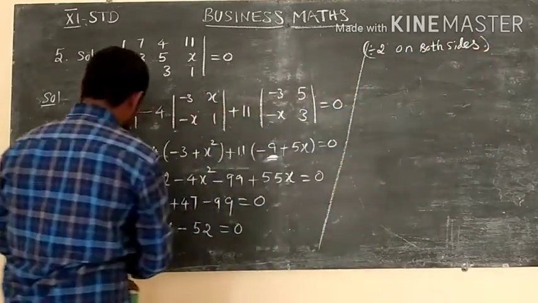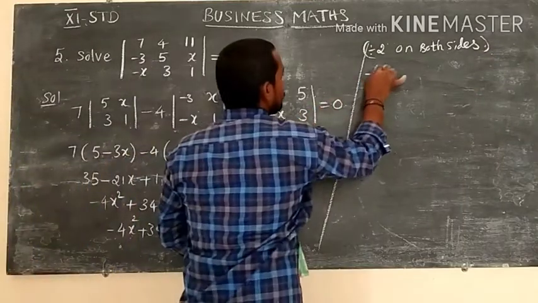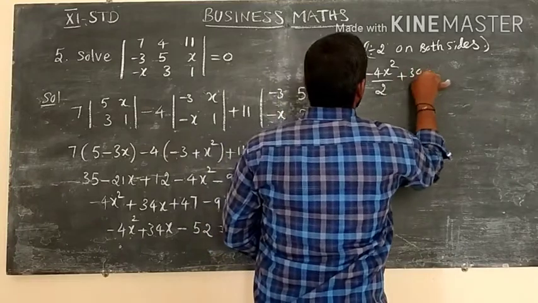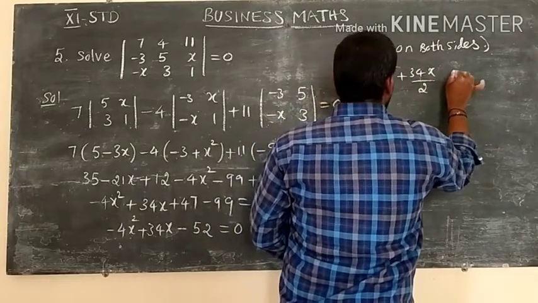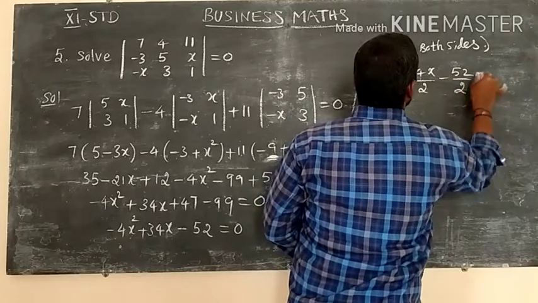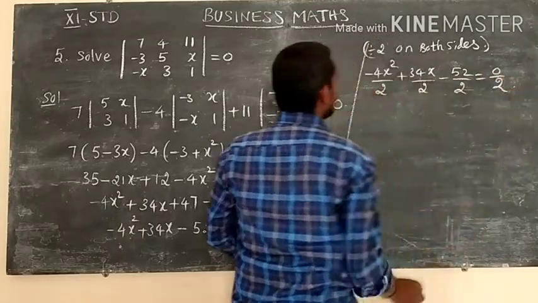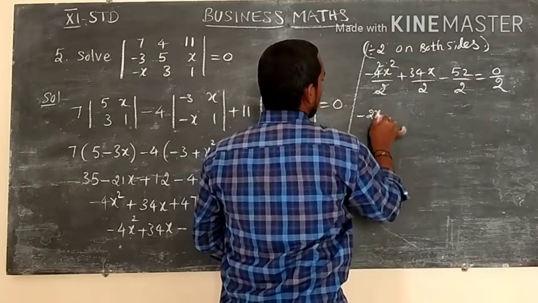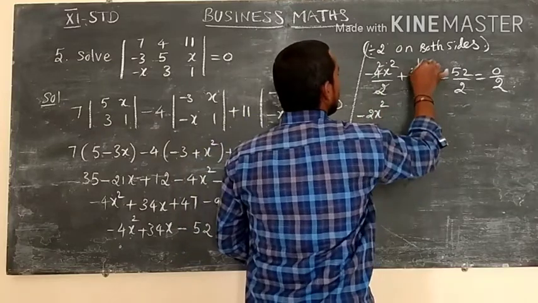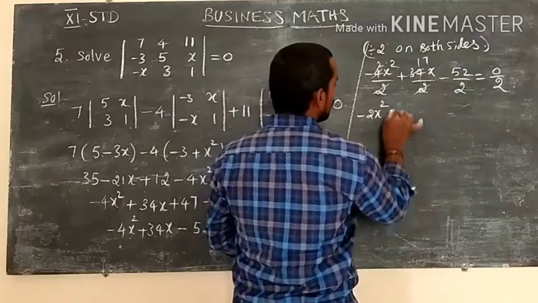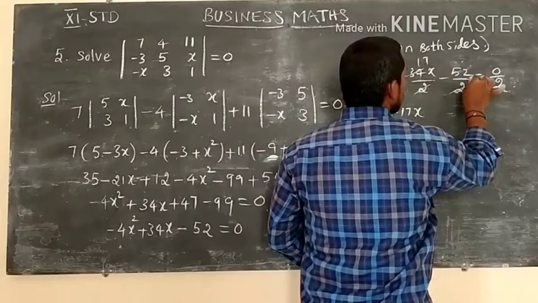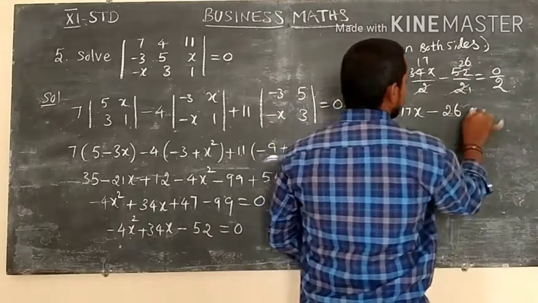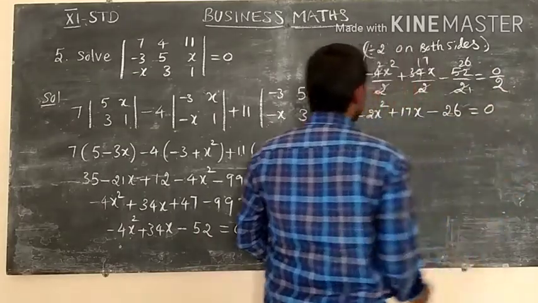We get minus 4x squared divided by 2 plus 34x divided by 2 minus 52 divided by 2 equal to 0 divided by 2. 2 2s are 4, so minus 2x squared; 17 2s are 34, plus 17x; 26 2s are 52, minus 26. 0 by 2 is 0.